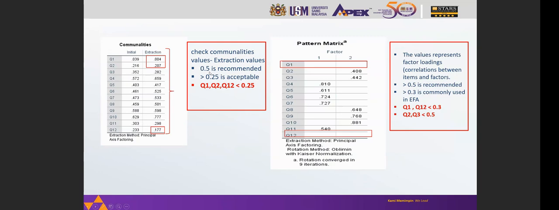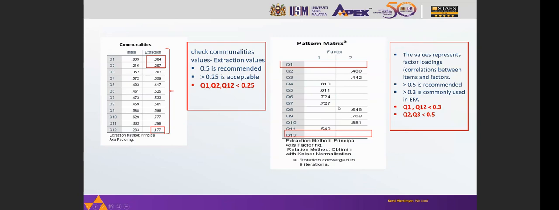We say that more than 0.25 is acceptable, but 0.5 is recommended. But we have 3 items which have communalities less than 0.25.